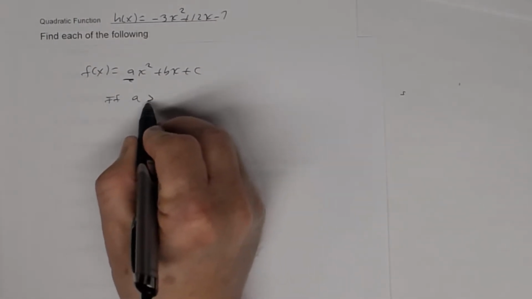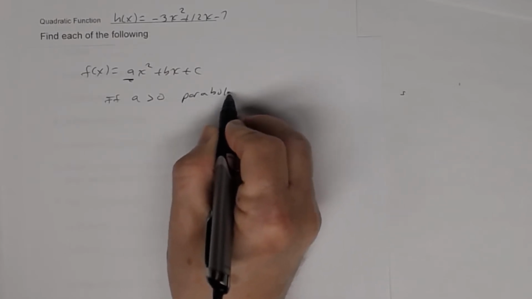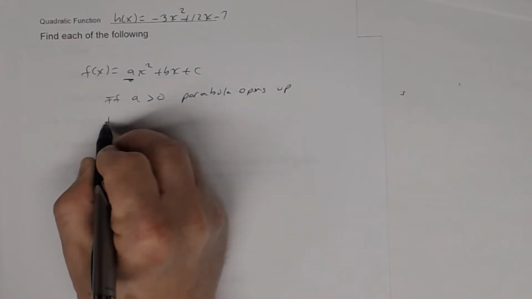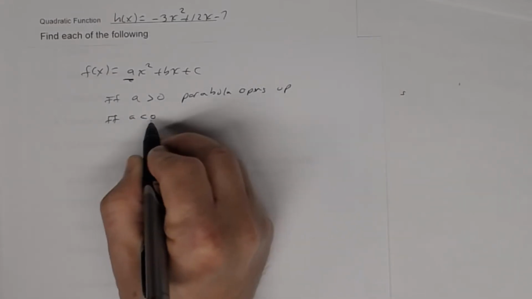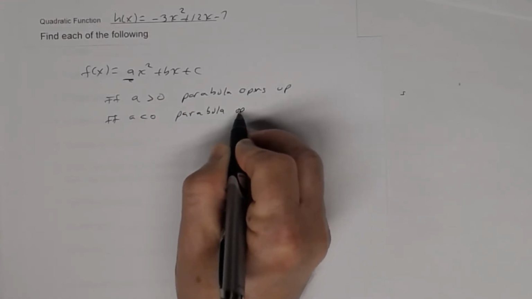If a is positive, the parabola opens up. If a is negative, less than 0, the parabola opens down.